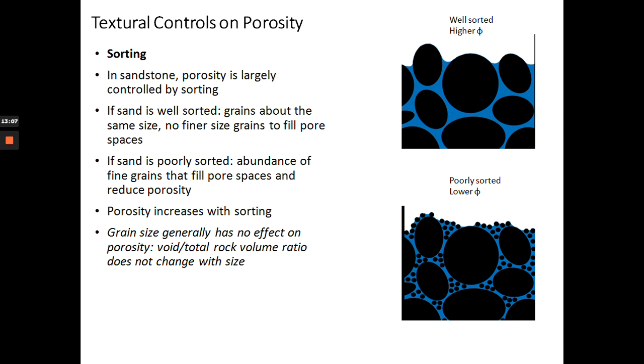So there is no change in porosity. The volume is still the same. Okay? You're just breaking down the grains into smaller particles, into smaller grains. So yeah, the percentage, the fraction of void to total rock volume does not change with size. Okay, so no effect on porosity due to changes in grain size generally.